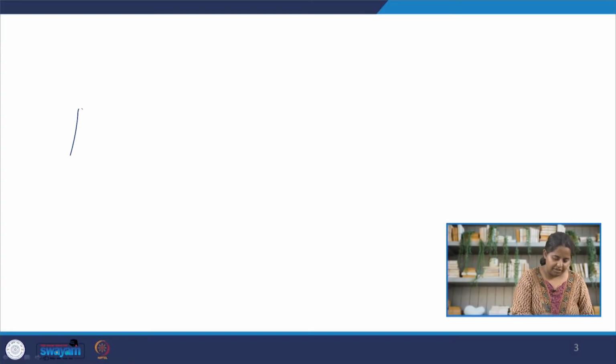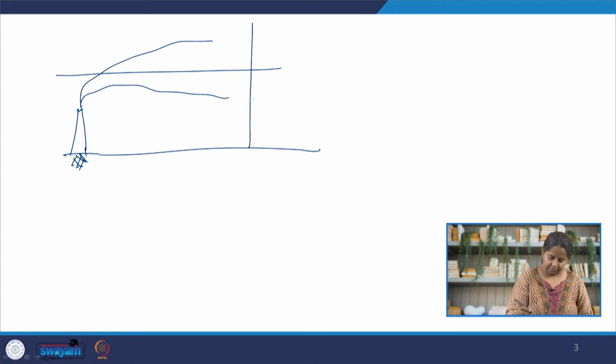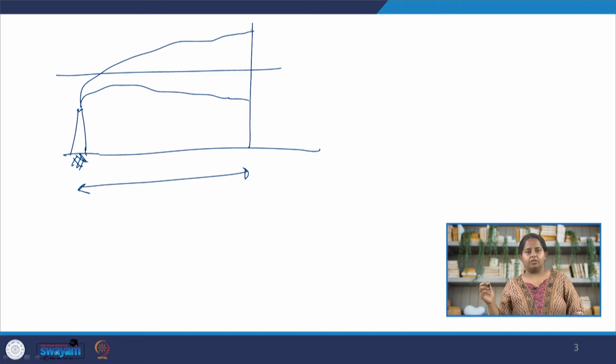So we have a chimney here and it is releasing smoke. We know the effective height and now there is an obstruction. Let us say the obstruction is here. This is the distance of the obstruction, we will need this distance. Then the smoke hits the obstruction and it is not able to move forward.